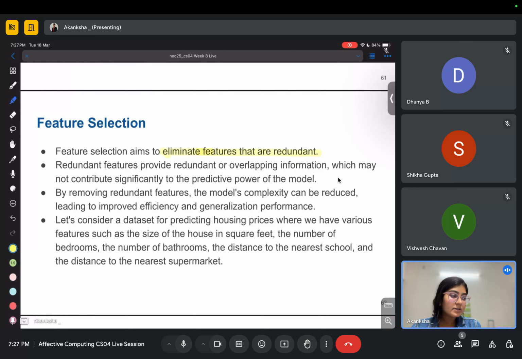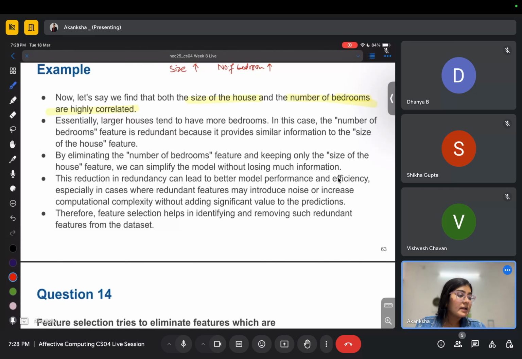But is it correlated with, let's say, the distance to the nearest school? No. Size of the house does not determine the distance to the nearest school, because they're not correlated. Similarly, this is also not correlated to the size of the house. However, the number of bedrooms might be the closest correlation. If we go by common sense, larger houses tend to have more bedrooms.